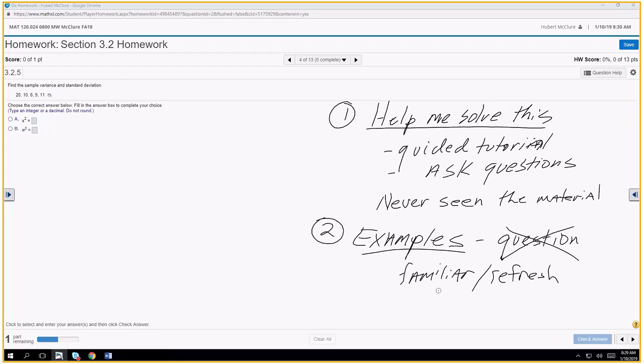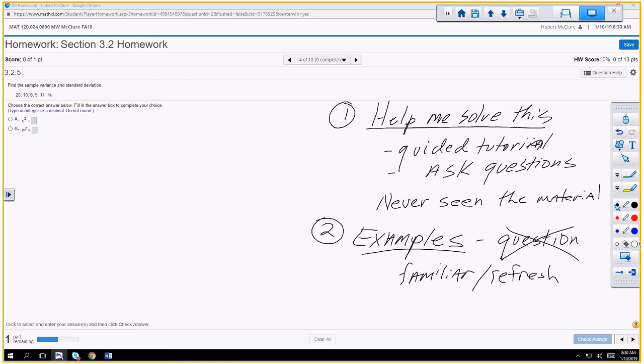So that's two different learning styles, all right? The third learning style a lot of you will use is the visual learning style, which is called the video. And it's supposed to come up. I guess it's not. Wait a minute.